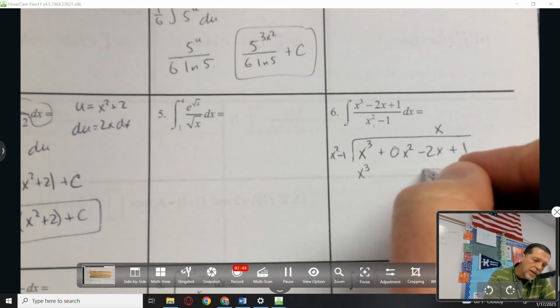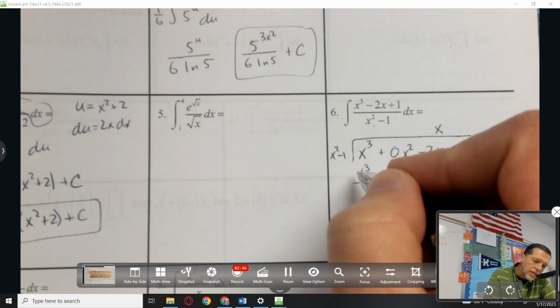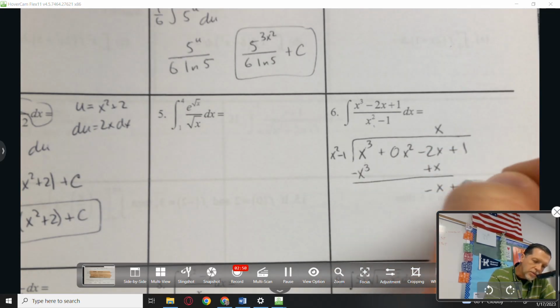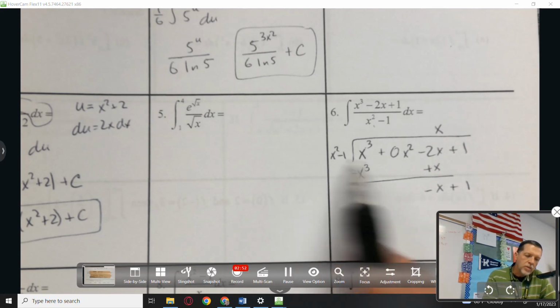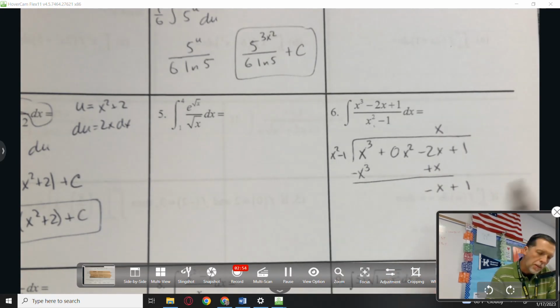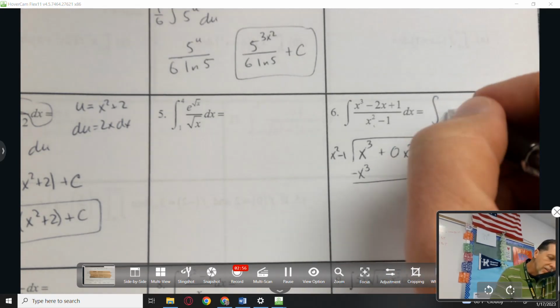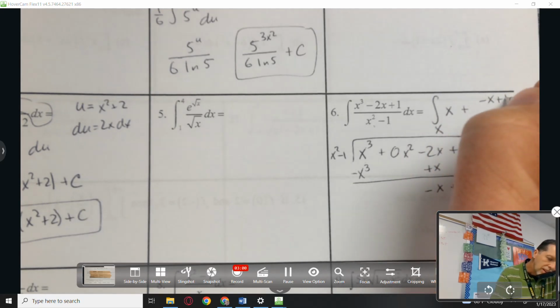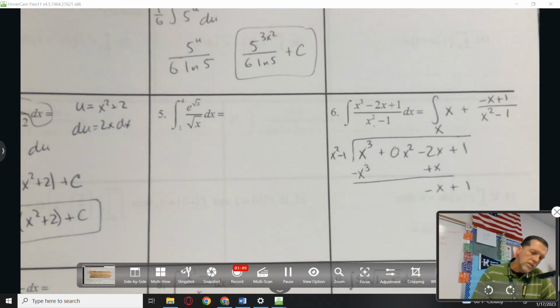Multiply it back. And subtract. So I get negative x plus 1. Nothing times x squared is going to get me negative x plus 1. So my answer is x plus negative x plus 1 over x squared minus 1.